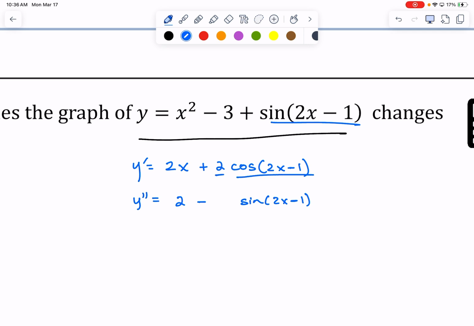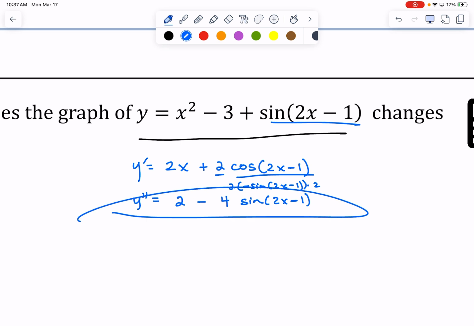And there's already a 2 there. So would it be minus 4? Yep. Is that okay, everybody? Because the derivative of this would be 2 times negative sine of 2x minus 1 using chain rule times 2. Okay? So that's where you get the 2 times 2. So there's my second derivative.